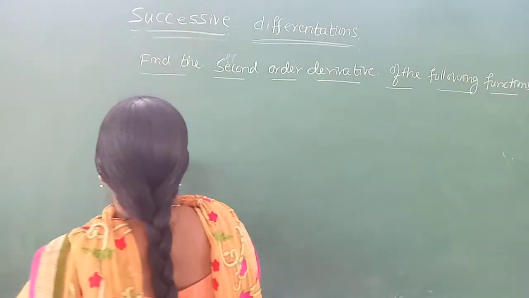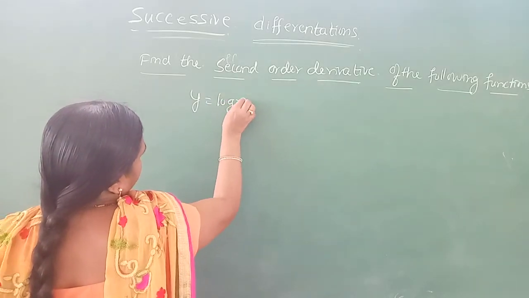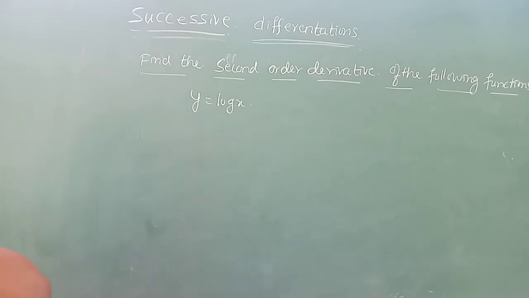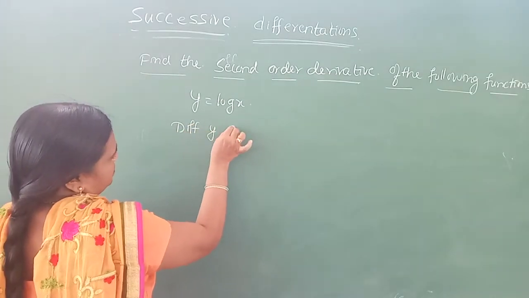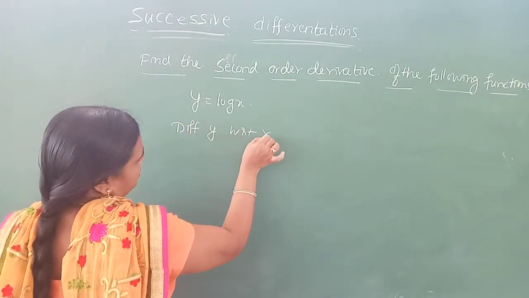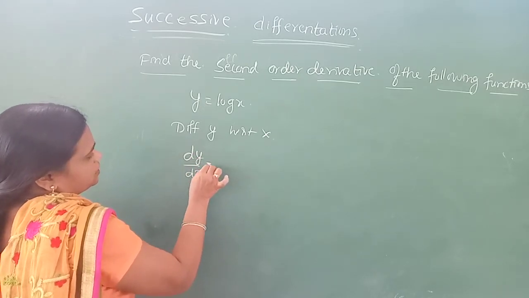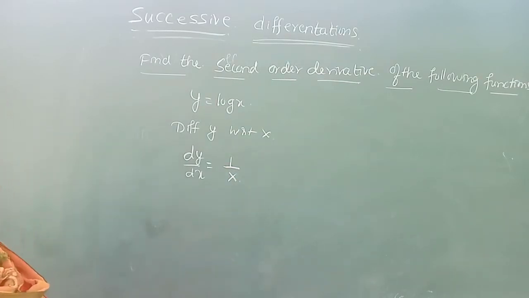First example, first one, y equal to log x. Now we will do the differentiation. Differentiate y with respect to x, dy by dx. Log x differential is 1 by x.